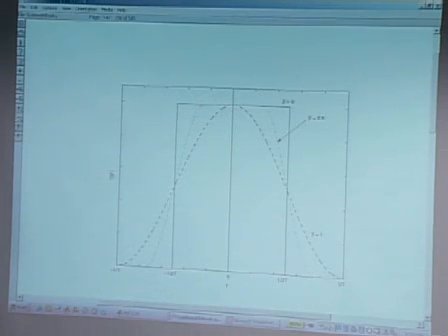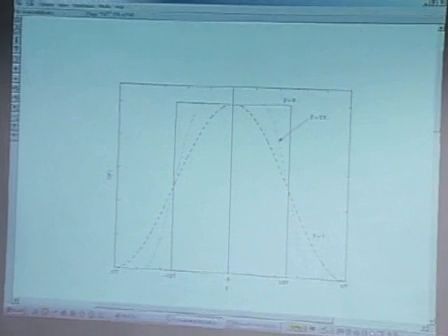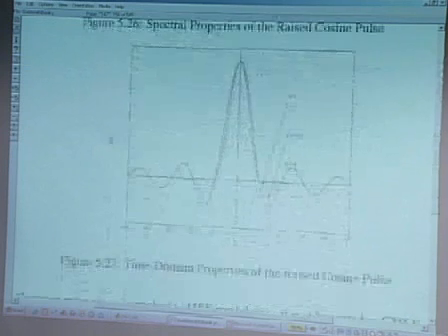If β is equal to 0, it becomes a rectangle. So the rectangle in frequency is a special case. And if β is equal to 1, it just falls off from the beginning. So β determines for how long you're flat before you start to roll off. These are the pulses for three different values of β, and in the time domain they look like this.